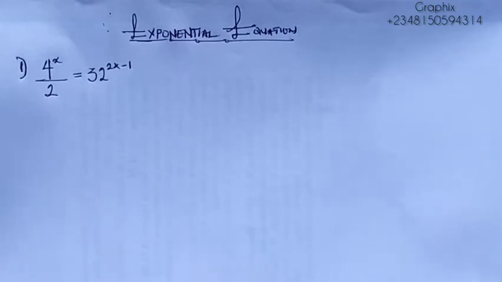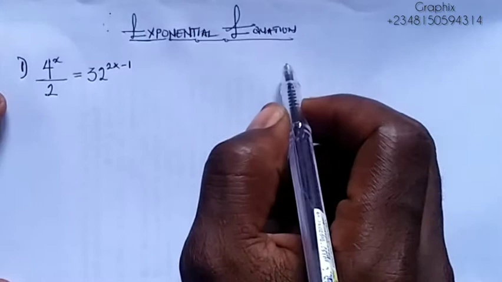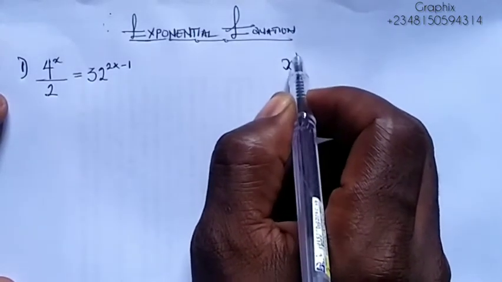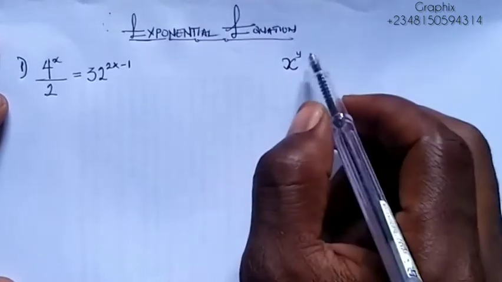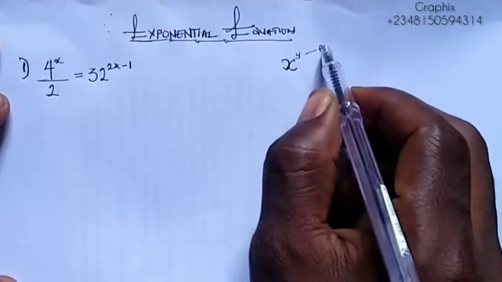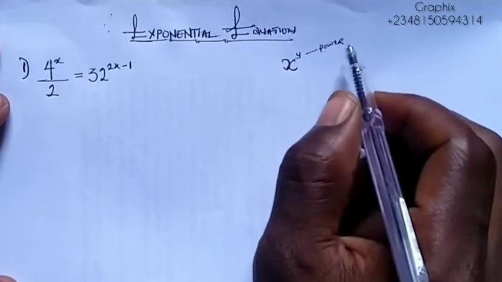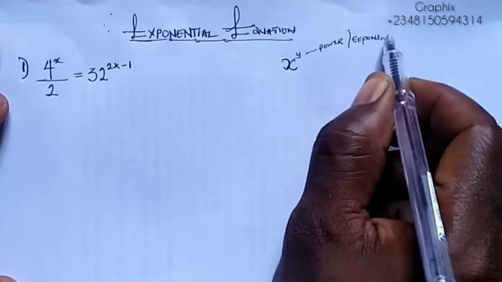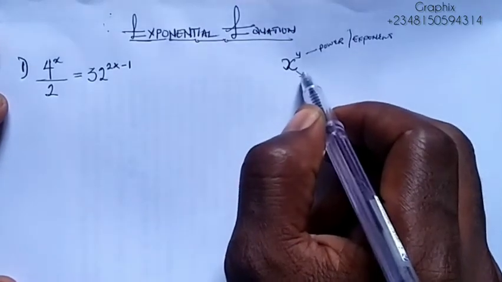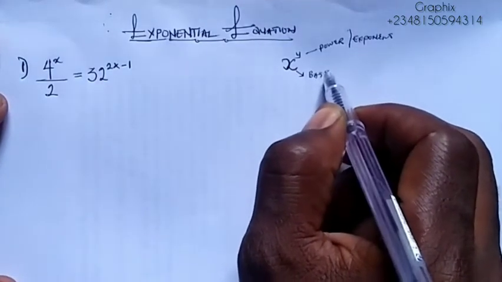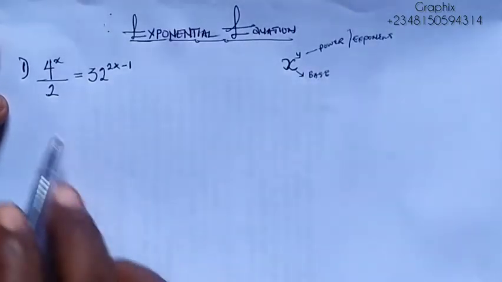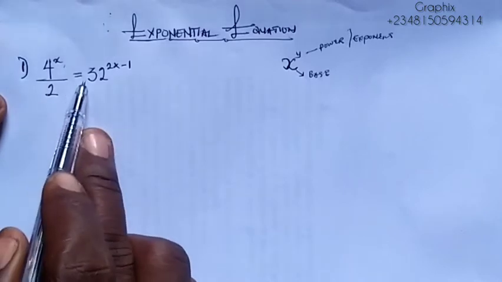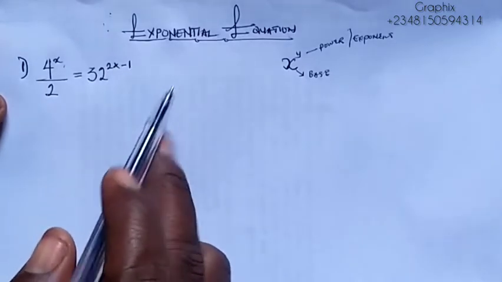Now we know one thing for sure: if I have x raised to the power of y, the y is the power, or the exponent, and the x is the base. So we have 4 to the power of x divided by 2 is equal to 32 to the power of 2x minus 1.